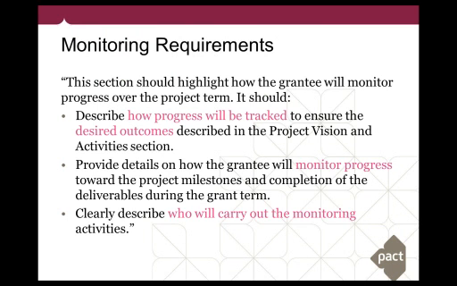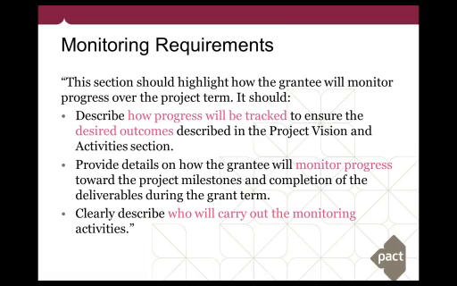So this slide really just takes the section that the Rockefeller solicitation has that's specifically on monitoring, and here it is. So the first thing that the proposals need to do is describe how progress will be tracked to ensure desired outcomes. You should know what those outcomes are based on your theory of change.